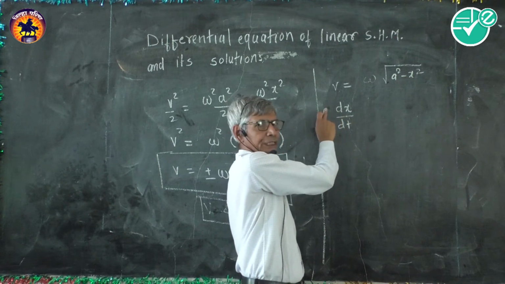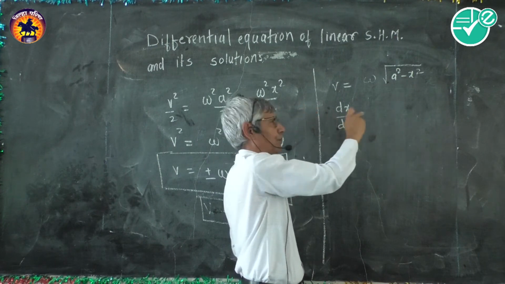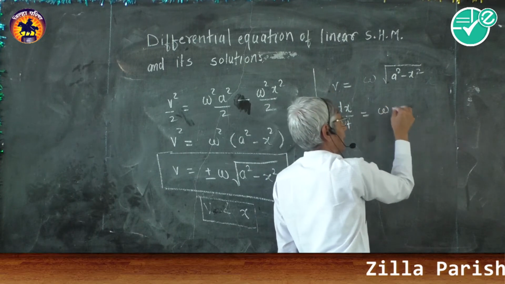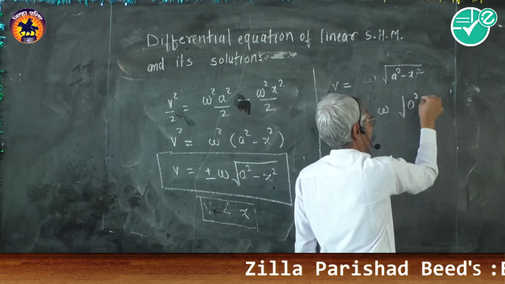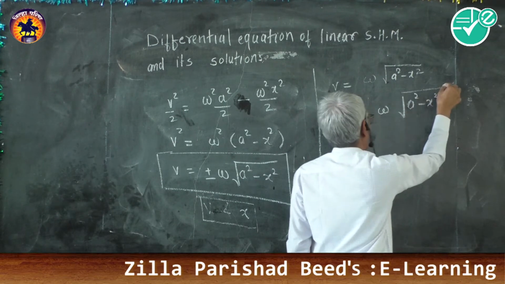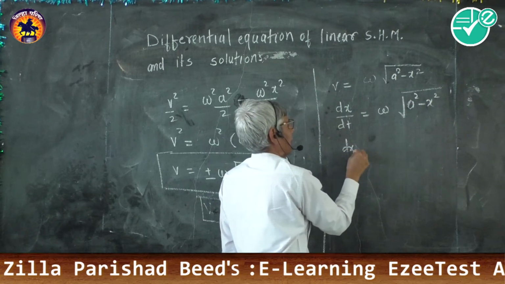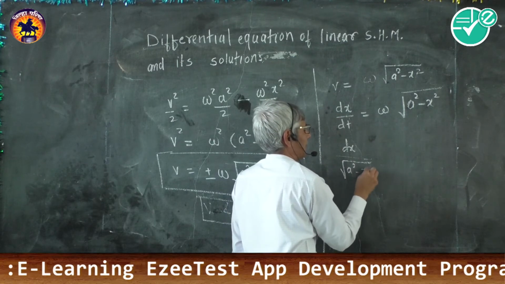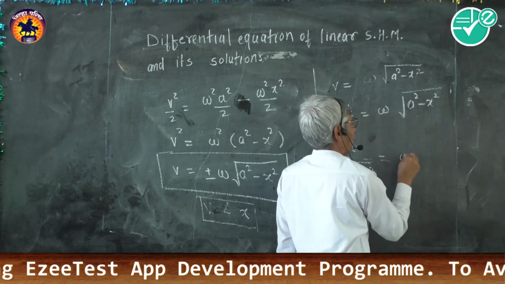Rate of change of linear displacement with respect to time is taken as linear velocity. So v is replaced by dx by dt is equal to omega in the square root a square minus x square. Or once again rearranging, dx by square root of a square minus x square is equal to omega dt.